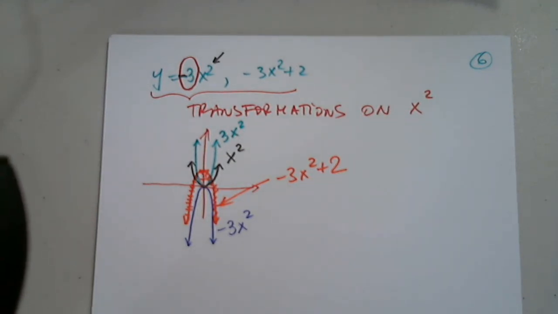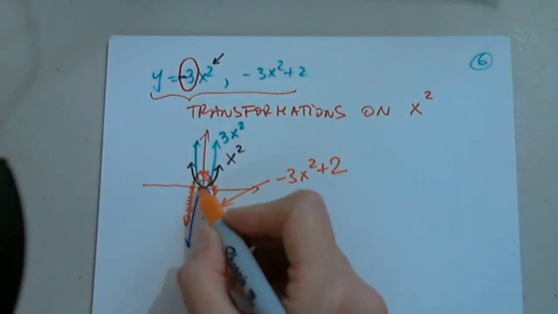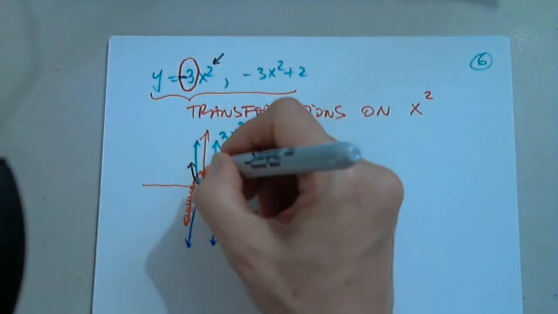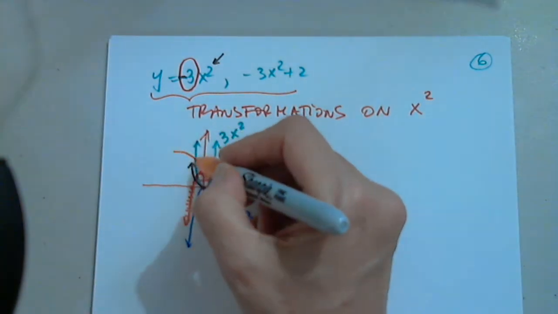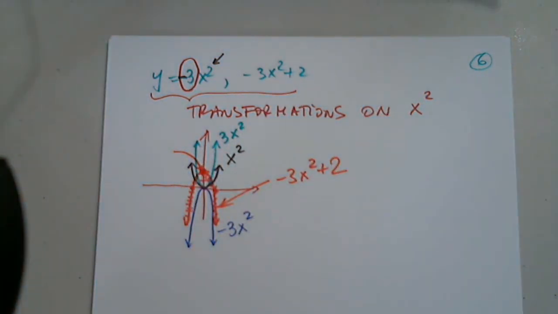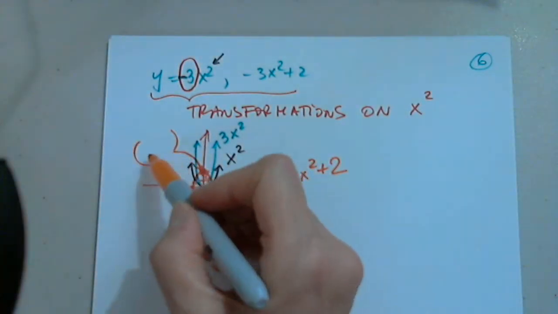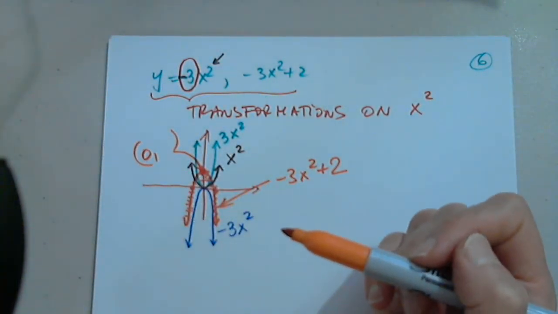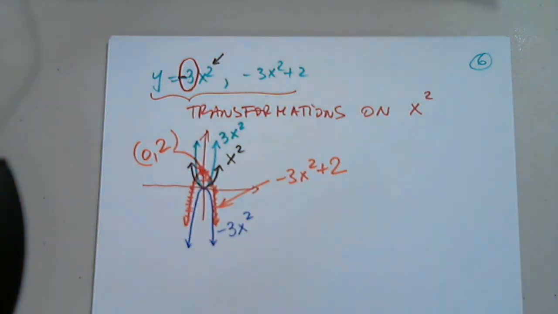Now, do I know where the intercepts are? No, I don't. I have to calculate. I do know this one, though. Can anyone give us this point for this function? 0, 2. Excellent. Well done. Good. So let me share again.